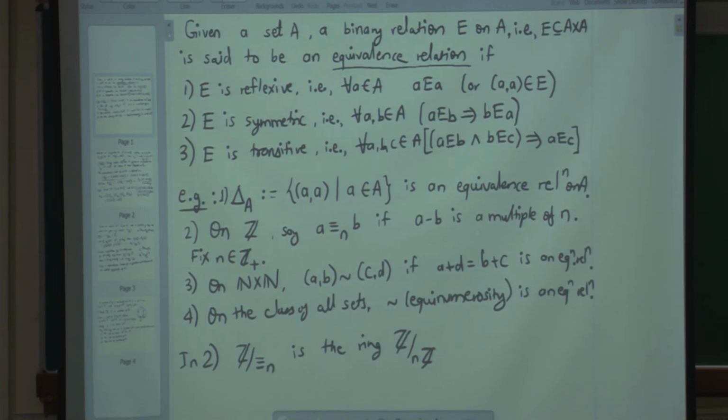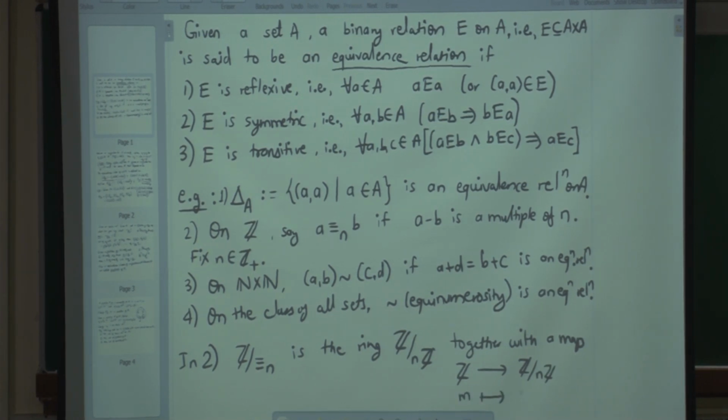It has n elements, together with a map from Z to Z mod nZ. What is that map? Every integer m maps to the class m plus nZ, right?